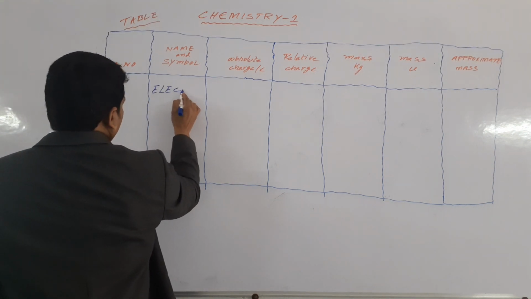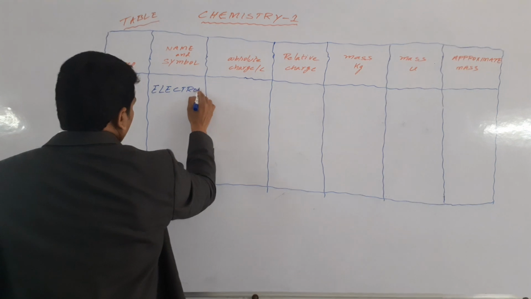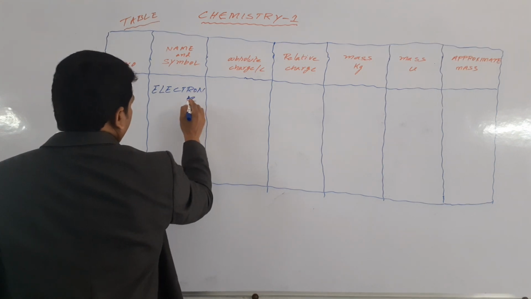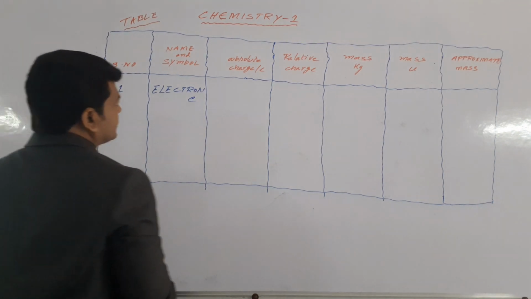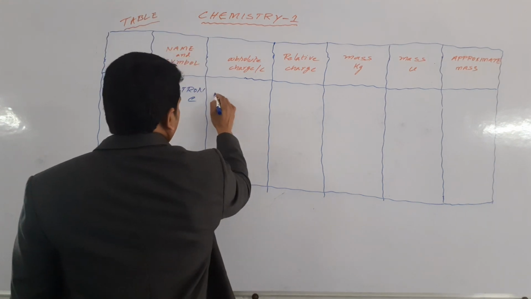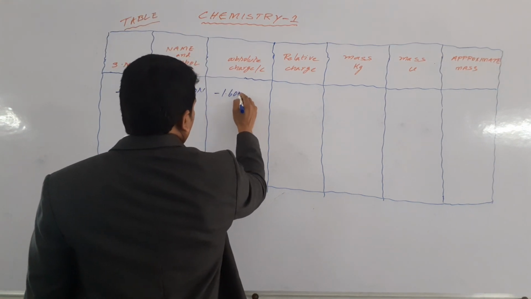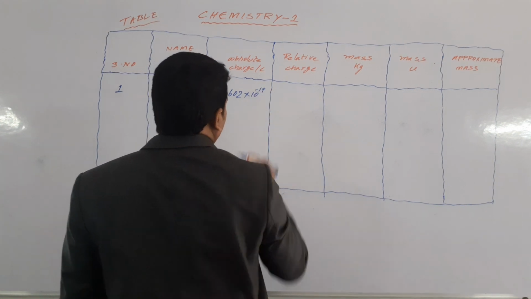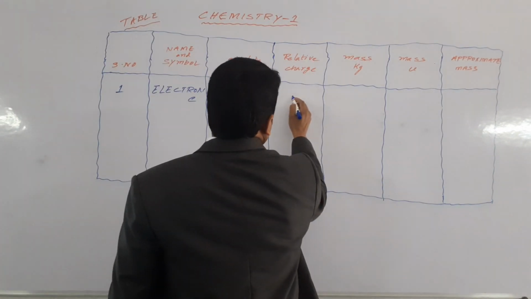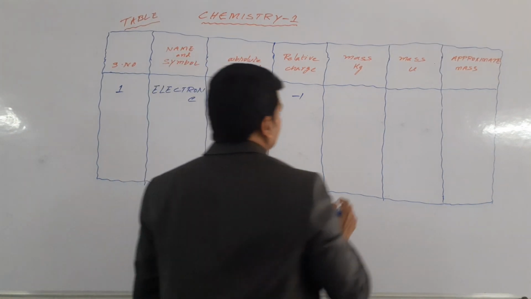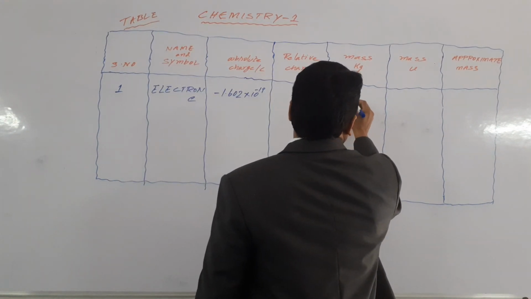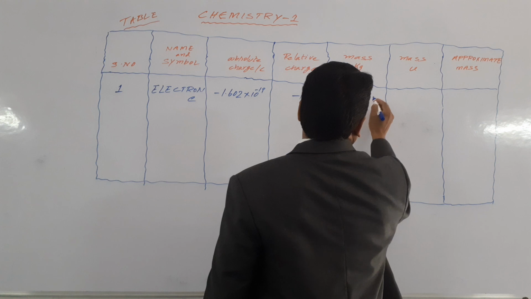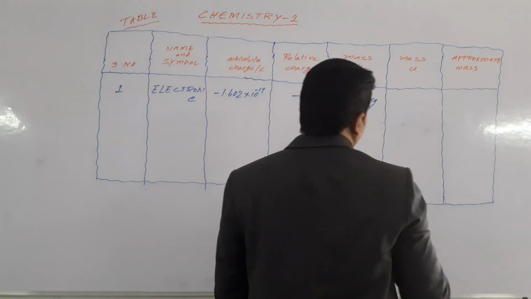Electron, its symbol is E. Absolute charge is minus 1.602 into 10 power minus 19 coulombs. Relative charge is minus 1. Mass is 9.1 into 10 power minus 31 kgs.